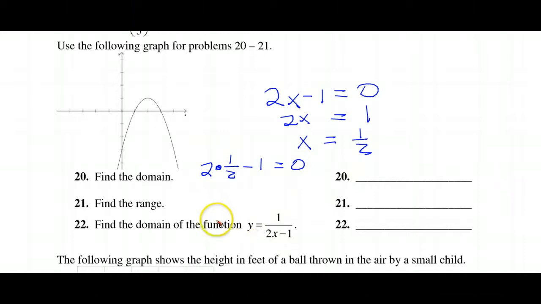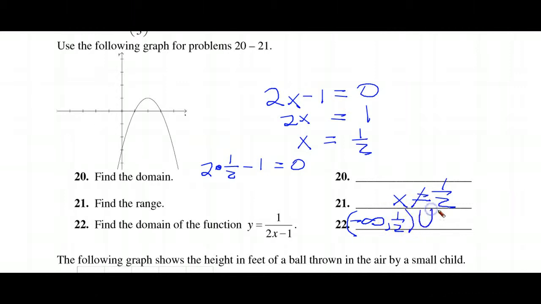So for our domain of this function, we say x can be any real number, but x cannot be 1/2. And in interval notation, that would be from negative infinity up to 1/2, it stops just before 1/2.